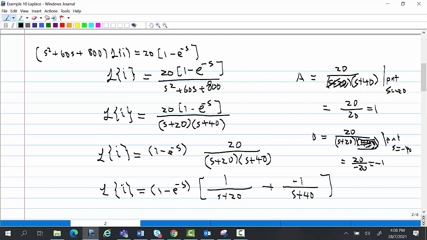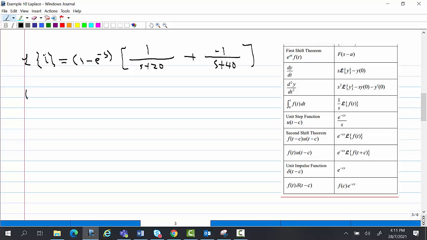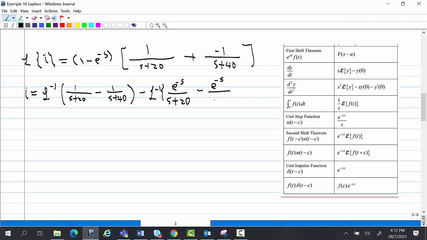Okay, so I'm going to find out what is i now. Therefore, i is the inverse Laplace transform of 1 over s plus 20 minus 1 over s plus 40, and minus the inverse Laplace transform of e power minus s over s plus 20 minus e power minus s over s plus 40.